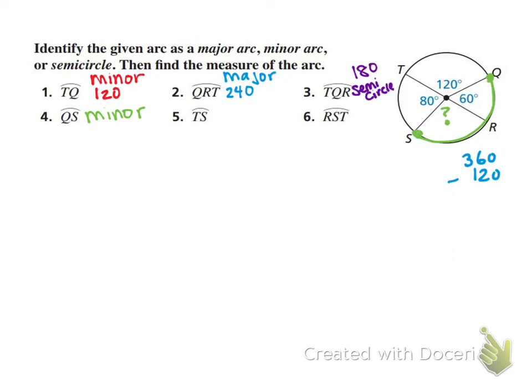You could find this arc and then add it with 60. You could also, how much is not a part of this arc? How much of the circle is not a part of this arc? Is 80 and 120, which is 200. So how much does this arc have to be? 160. So what we did was 80 and 120 is 200, which means there is 160 left for our arc.